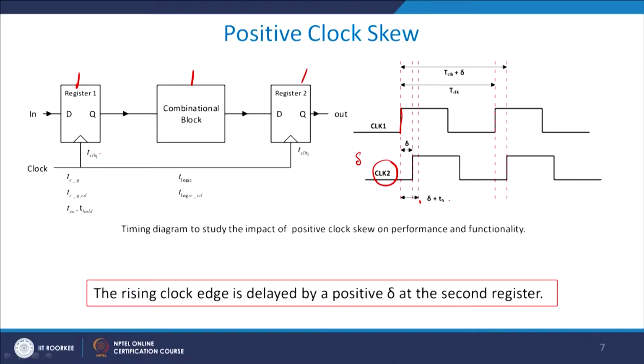Now, in reality it has to also hold the data equal to T h. So, the total delay is basically delta plus T h, and that is what is seen at this particular point. Is this conceptually clear?